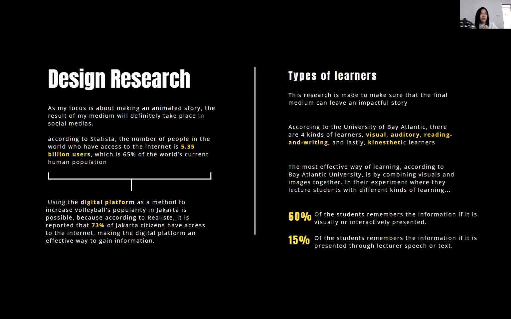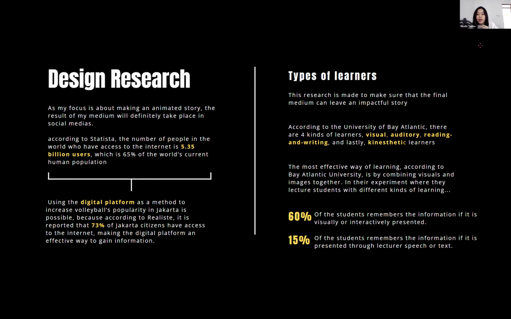So this data gives me an idea of how many Jakarta people have access to the internet. I think a digital platform as a method to increase volleyball's popularity in Jakarta is possible because, according to Realista, 73% of Jakarta's citizens have access to the internet, making the digital platform an effective way to gain information.